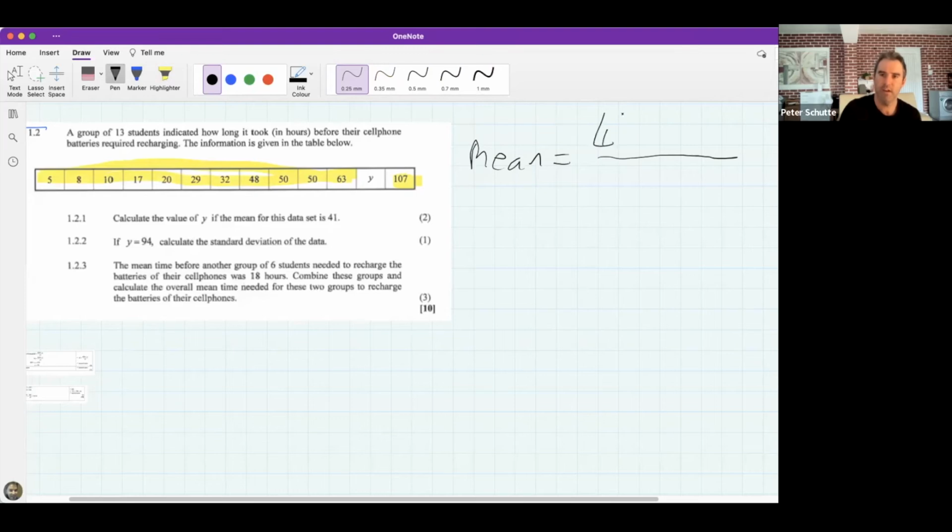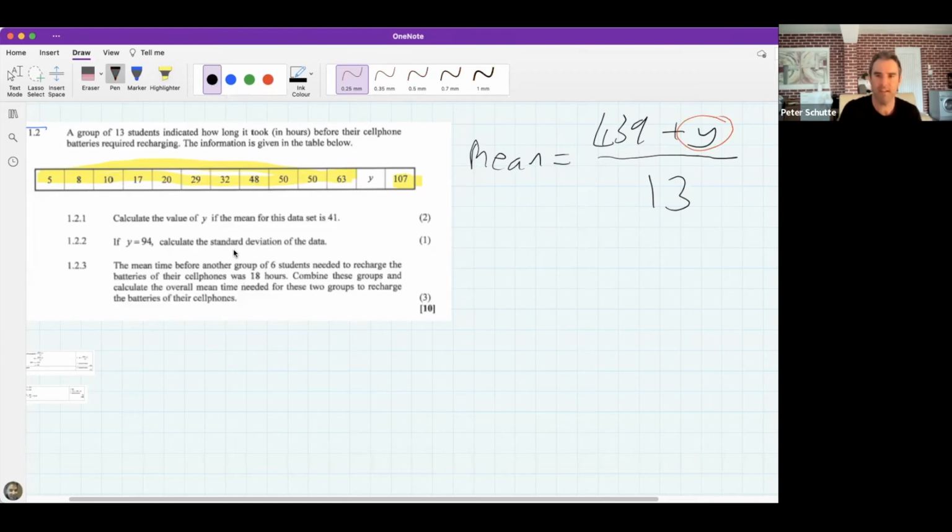So you have 439 plus y, and then when you work out the mean, you divide by 13. So now what do we need to do? What's the last little bit we need to do to get our answer? We have to do something about this mean, because we're trying to find out what this y is. What do we need to do?